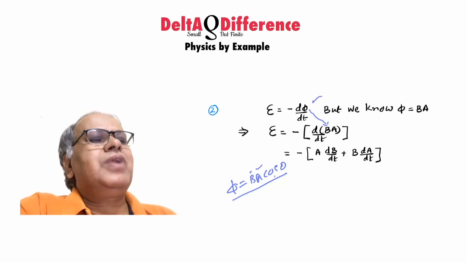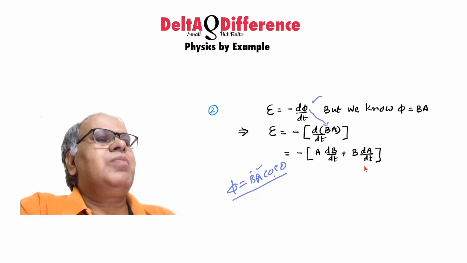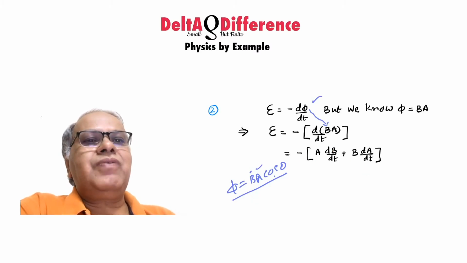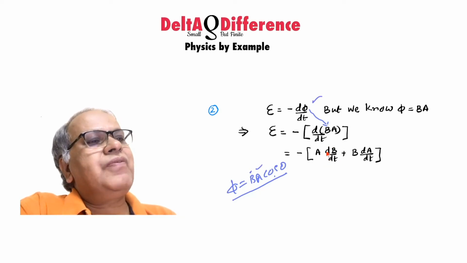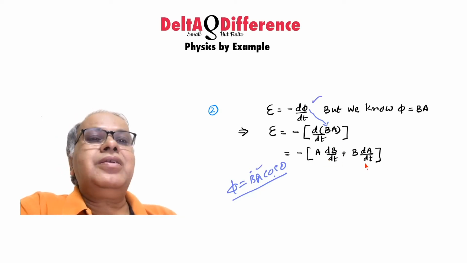So the flux rule gives us E equals minus A dB by dt plus B dA by dt. That also tells you that flux can change in two ways. One is the field itself can change with time, and second, area can change with time.